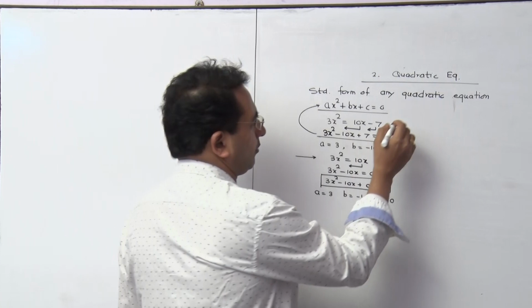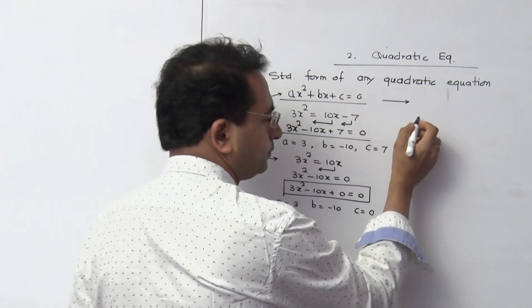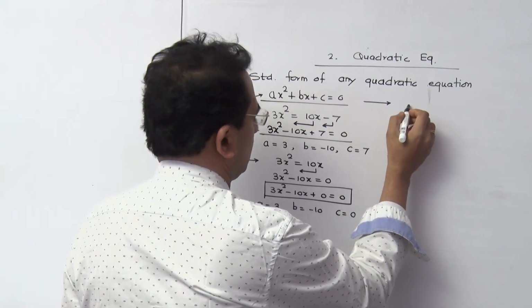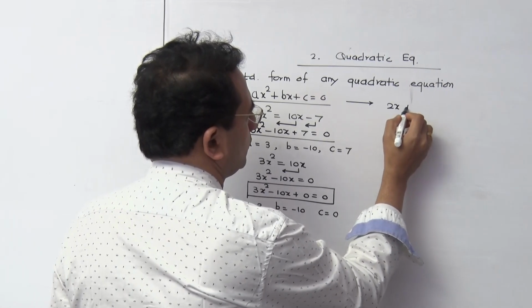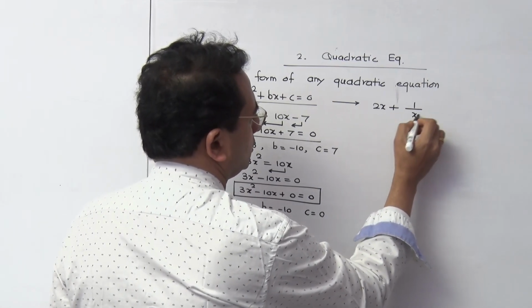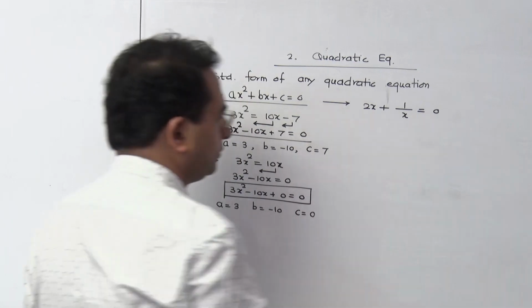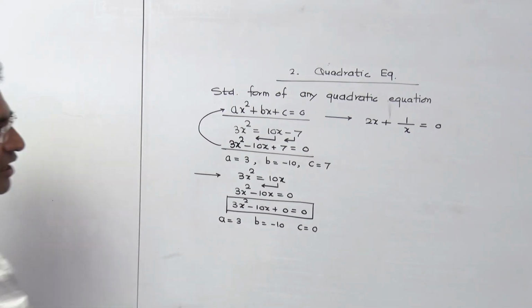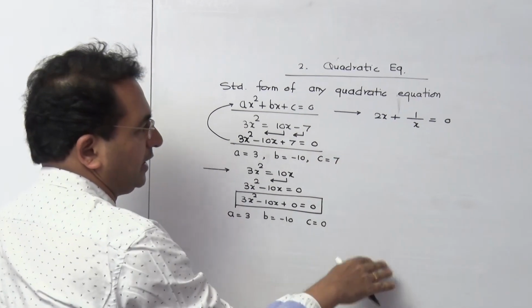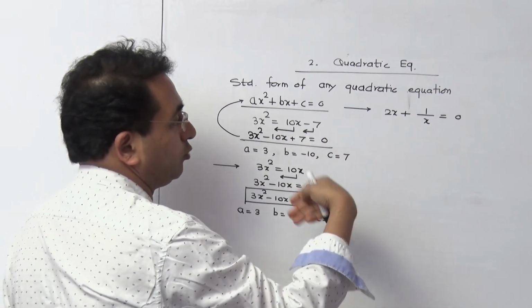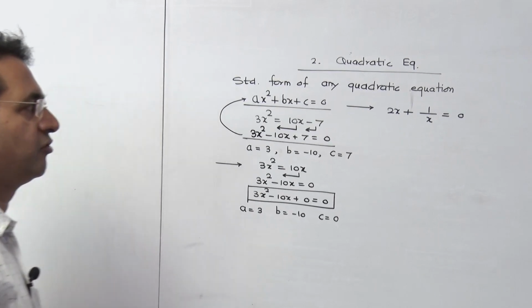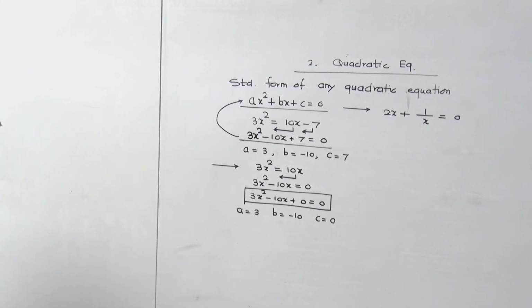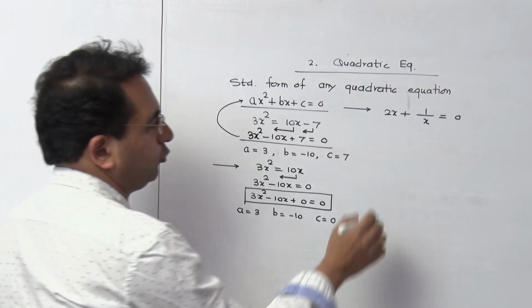There is one more format I will explain you now. It is 2x plus 1 upon x is equal to 0. Now here this question they will ask you for 2 marks because this equation is to be converted into the standard form first. X square term is missing here. So what I have to do here?